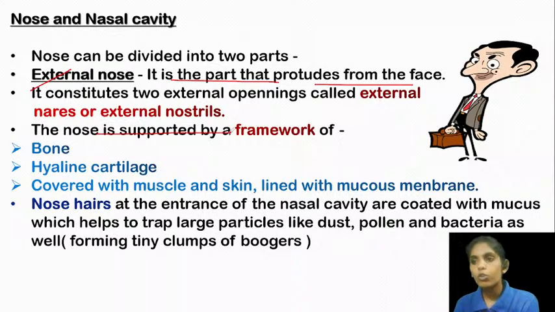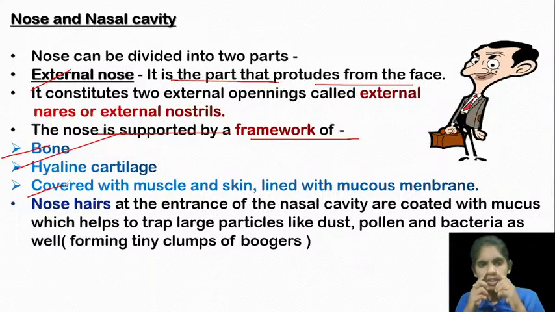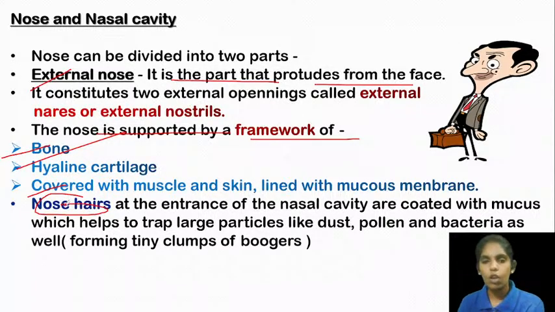And the nose is supported by a framework of bones, hyaline cartilage, muscle, and skin, and inside it is lined with the mucous membrane. So these provide a structural framework. Also in the external nose, hairs are present at the entrance of the nasal cavity, and they are covered with mucus.